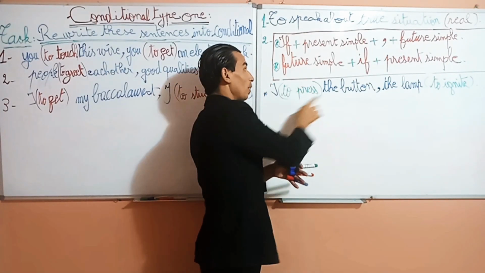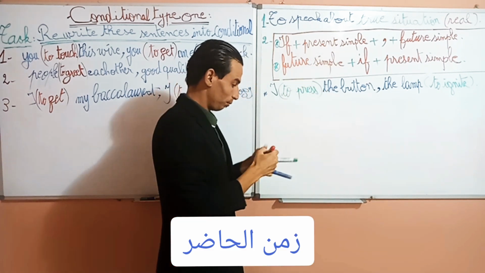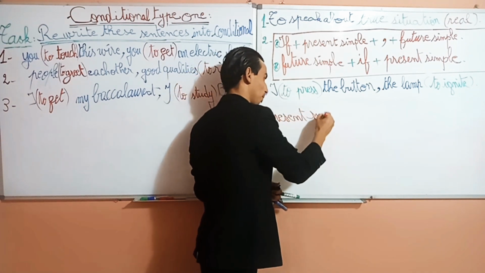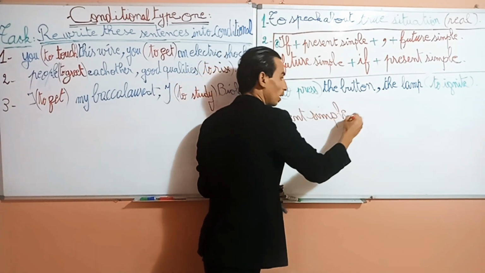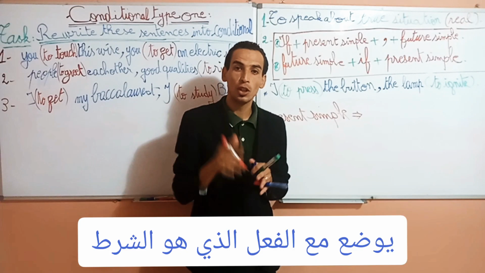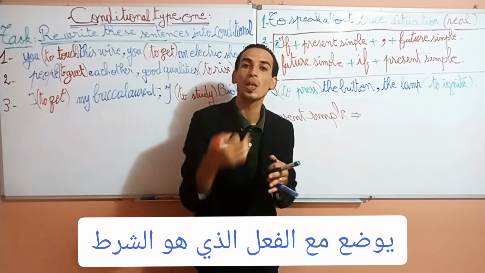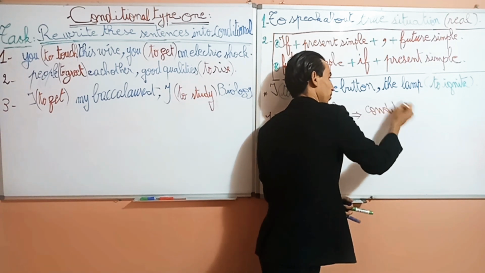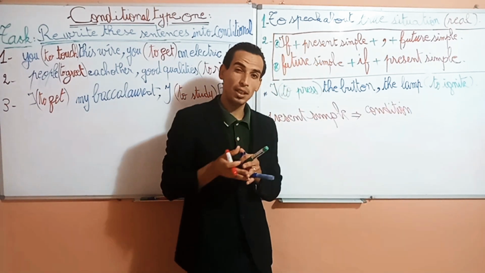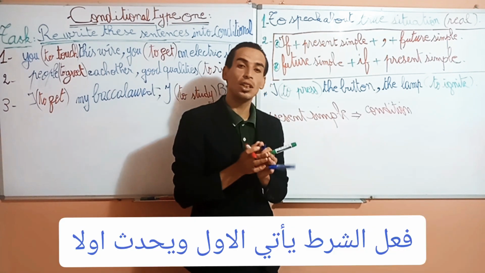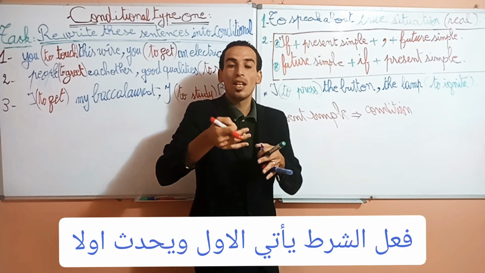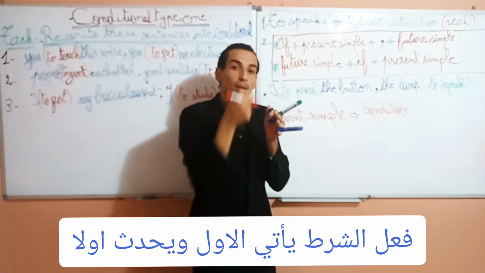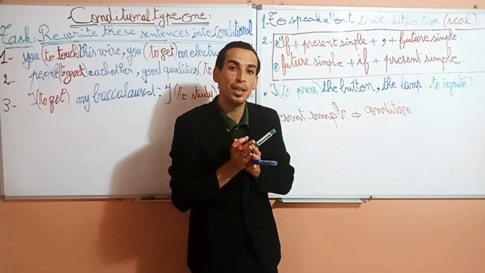Well, present simple is put with the verb which is condition. It means the verb which is condition is the first verb, and it is the verb that happens number one.